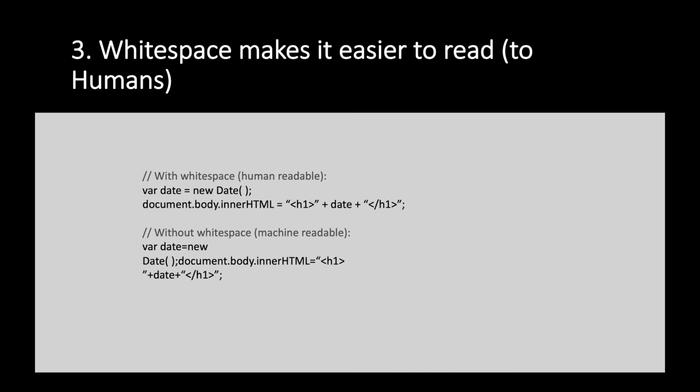You can add as much or as little whitespace, that is actual space between lines and elements. The problem is if you don't do this consistently, your code will be really hard to read for humans, and we are humans, so this is important to us. Therefore, even though we don't have to, we add whitespace to keep our code human readable.